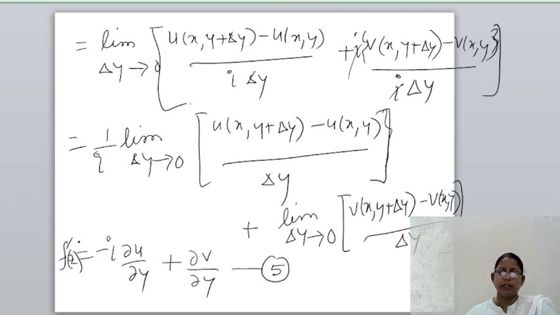As f'(z) exists, so these quantities are equal, that is, right hand side of equation 4 is equal to right hand side of equation 5.